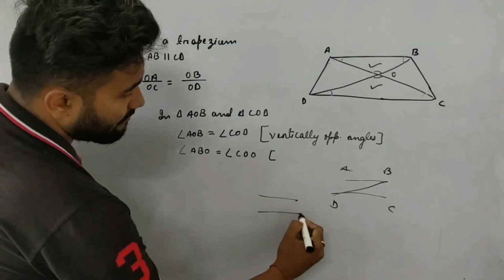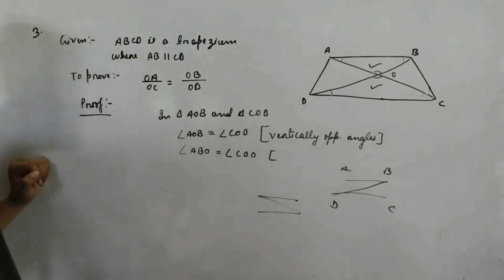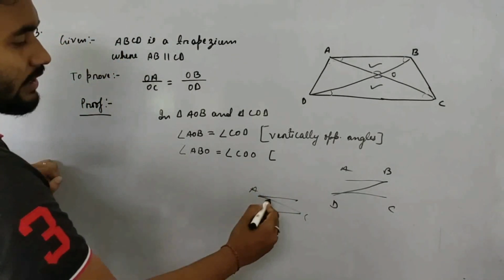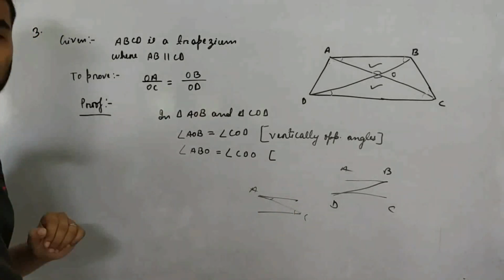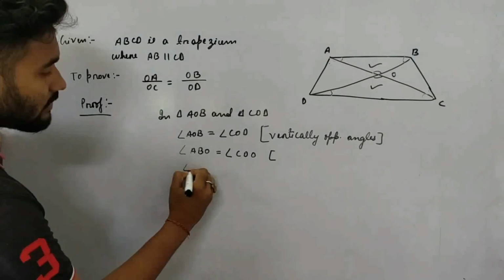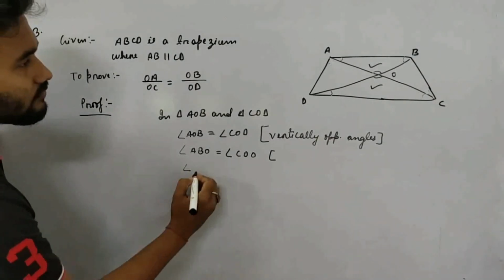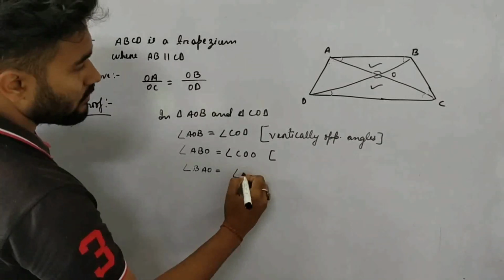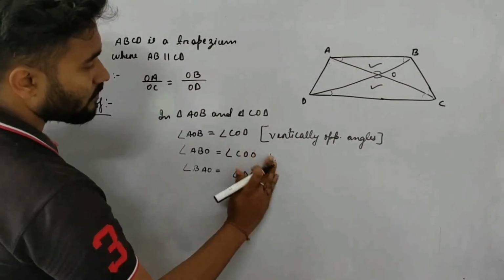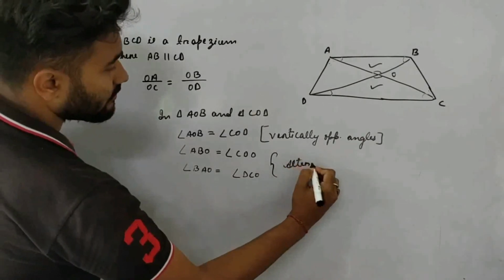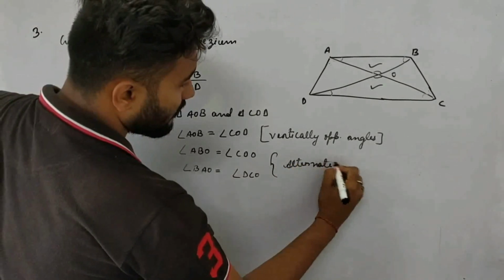This time again AB and CD, only the transversal has changed to AC. So again the same thing, alternate angles. Same logic. So again you can say that angle BAO will be equal to angle DCO. Same reason: alternate angles.